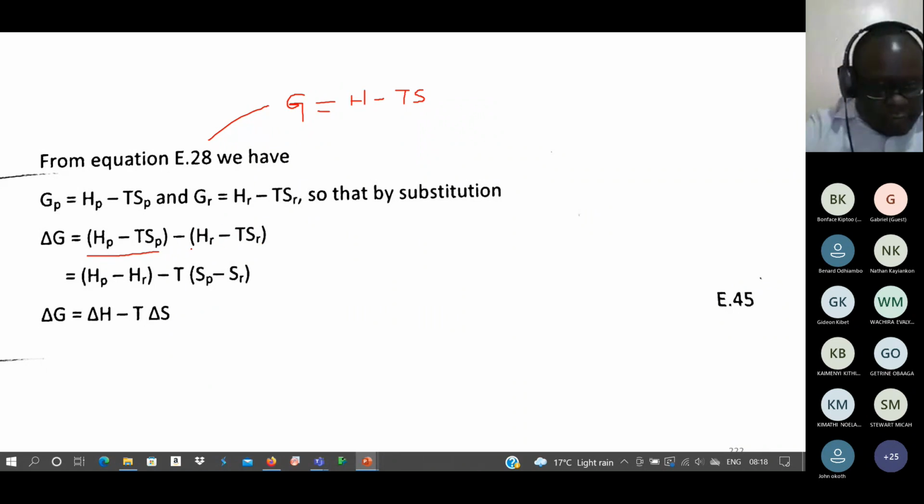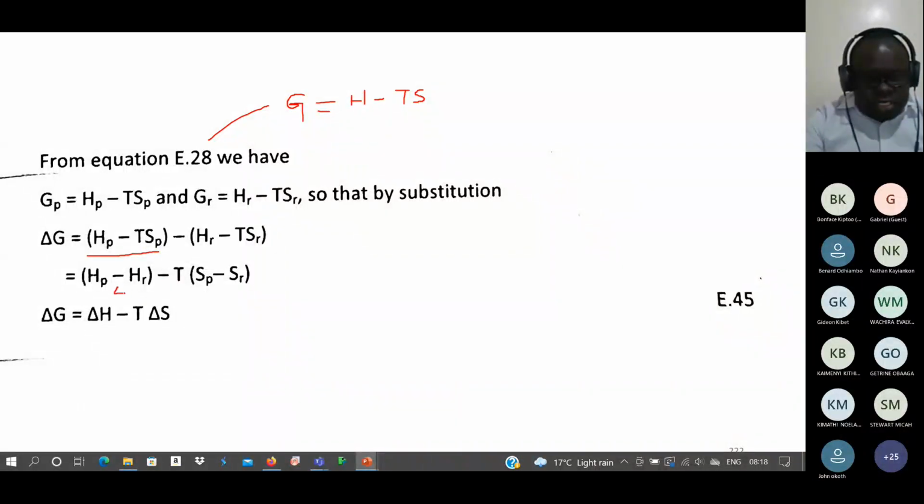Now, if you open the brackets there and put the like terms together, this would be equal to, in brackets, HP minus HR, minus, of course, here now you're going to have TSP minus TSR. So this one you can factor out T and you remain with SP minus SR in brackets.